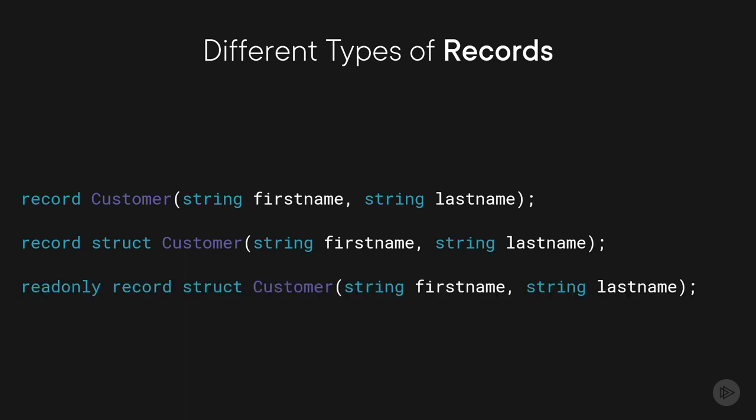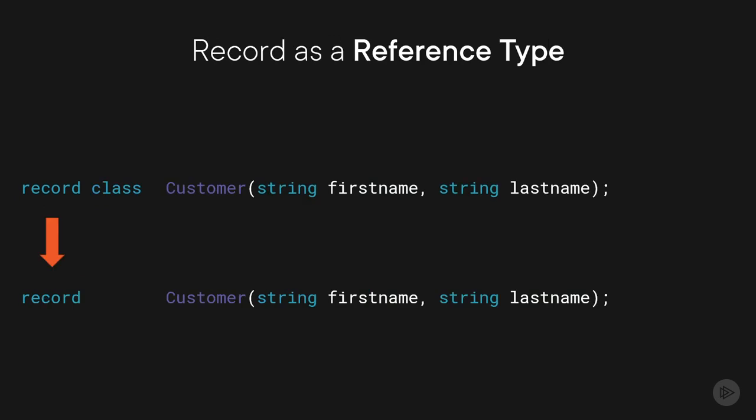You can instead declare that you have a read-only record struct to make sure that this is read-only. If you do not explicitly declare either class or struct, the record created will be a class. Hence, it's a reference type.